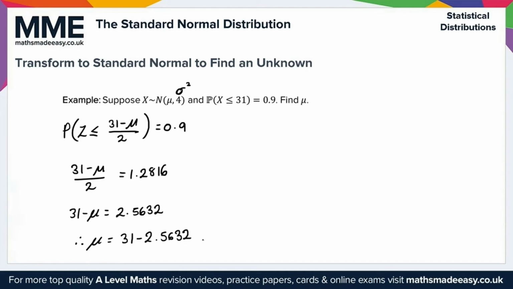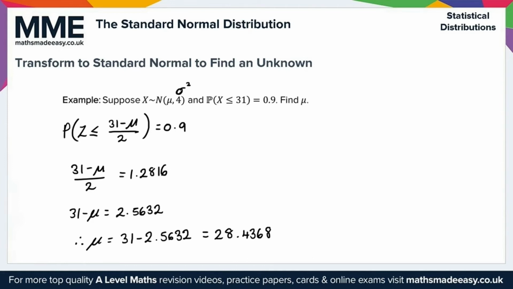And if we evaluate this for mu, we get 28.4368. Now, if sigma is unknown instead of mu, we can use the same method to get an equation in that case. So that's how we would do it if sigma was the unknown variable.